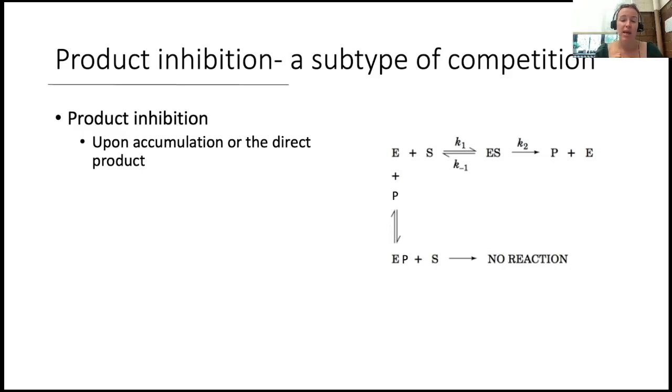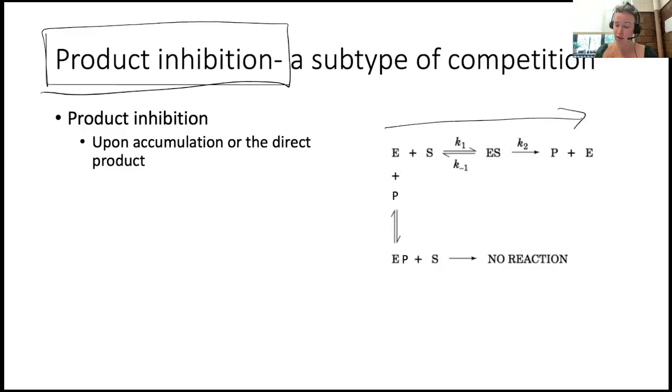Before we move on to the next type of inhibition, I do want to make a couple quick points about competitive inhibitors. One special type of competitive inhibition is called product inhibition, and this will become important in future lectures, especially once we start talking about metabolism. So what can happen, folks, is if this reaction keeps going and going, eventually we will have a lot of product being made.